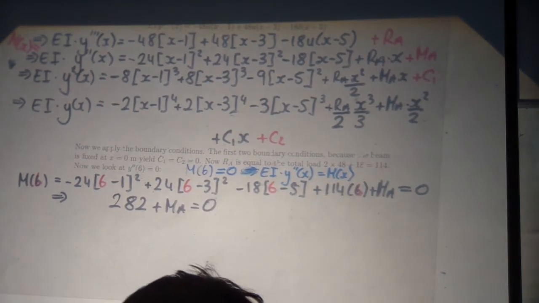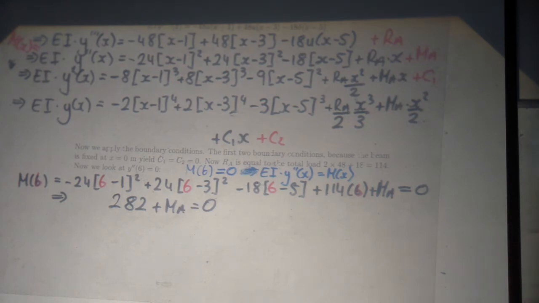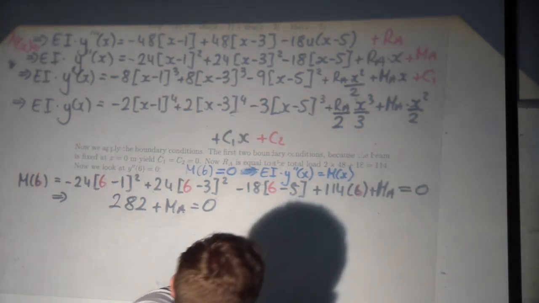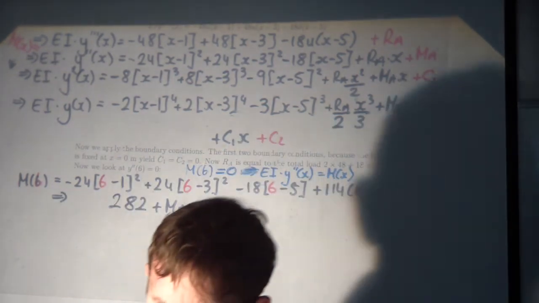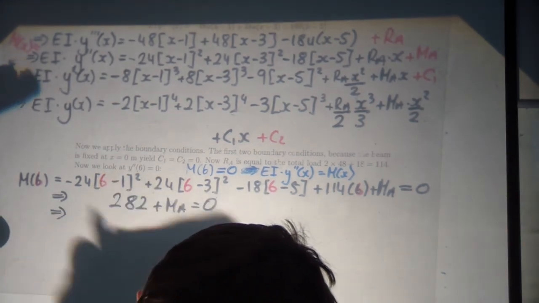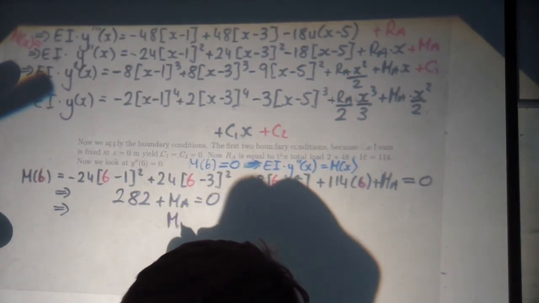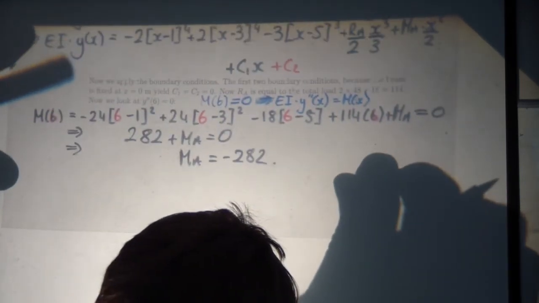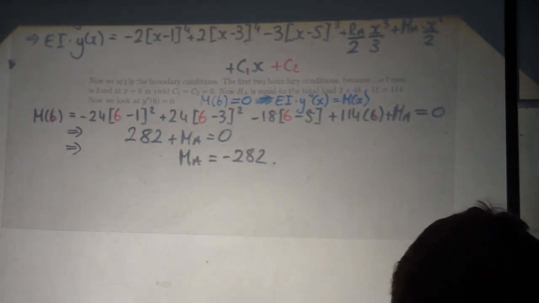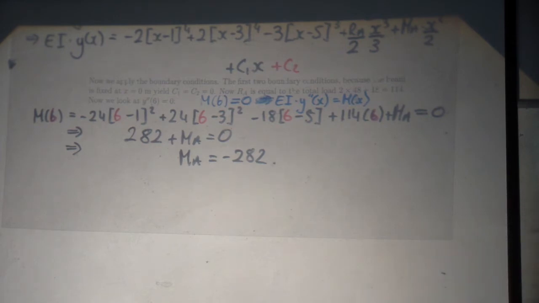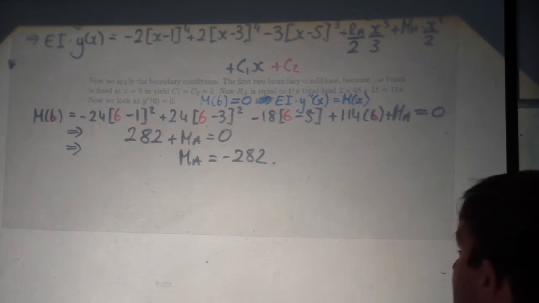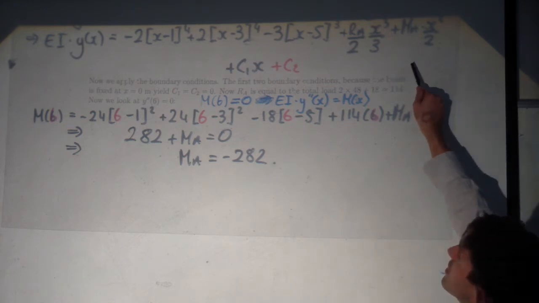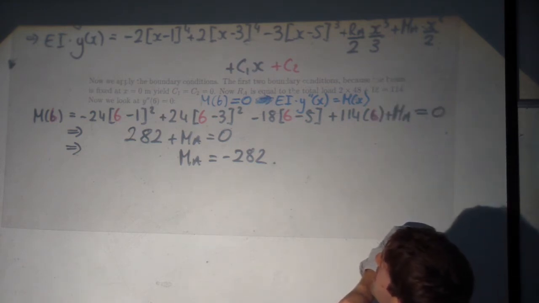And you want to be careful, MA should always be negative here because, well, I won't go into that, I can't confuse myself. So we'll take away 282 from both sides. MA is equal to minus 282. And what you can do then is, if you go back to this, you can substitute in your values.